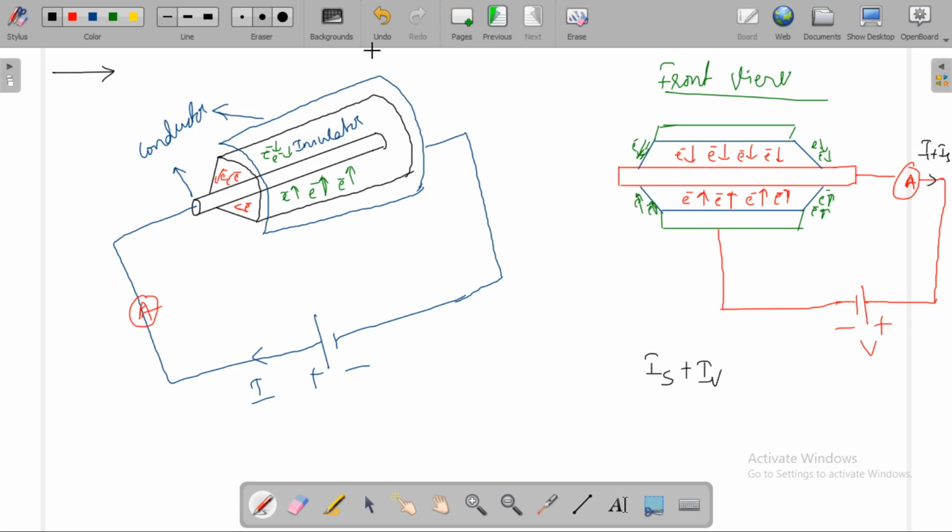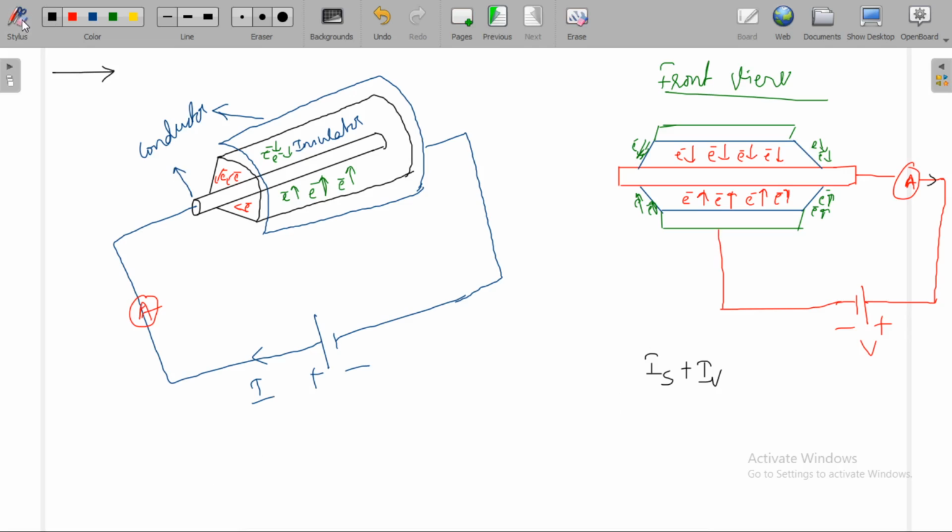Now what we do is, let me use a conductor which is placed upon this surface, connected like this.